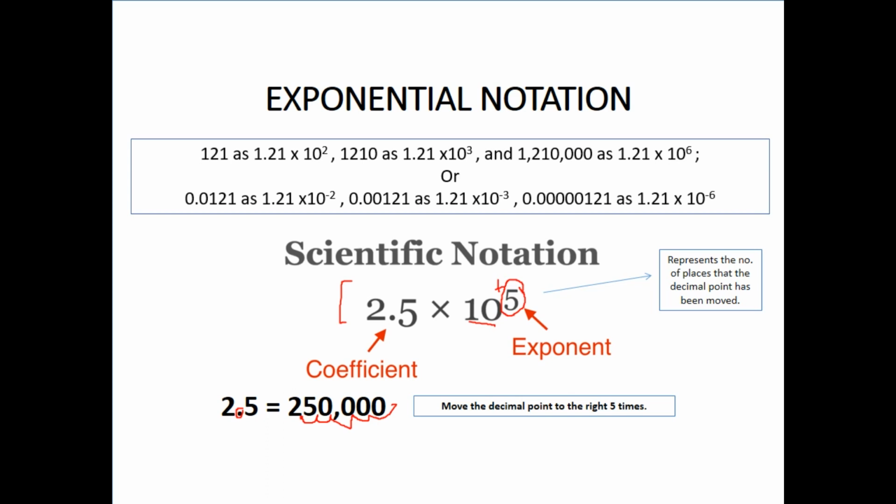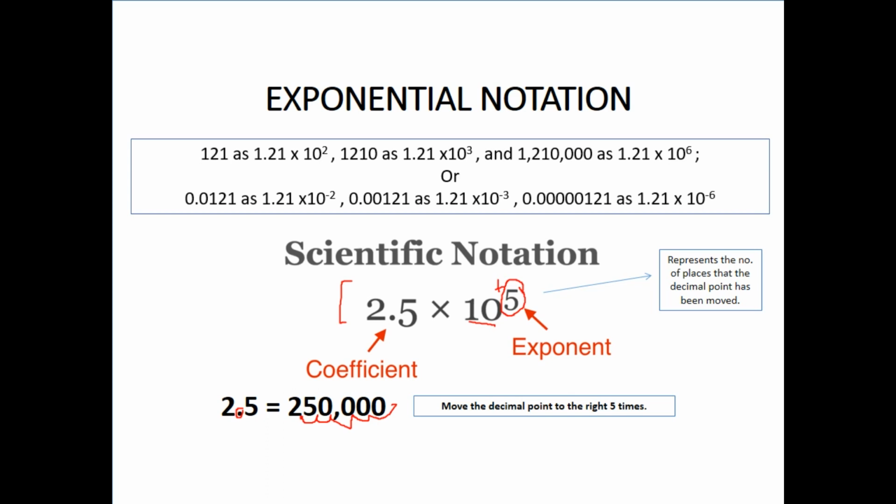So 2.5 times 10 raised to the power of 5 is equal to 250,000. But since we multiply it with the powers of 10, to make it easier, we are going to look at the exponent of our 10. This tells us how many places to move to the right. My arrow represents the number of places that the decimal point has been moved.